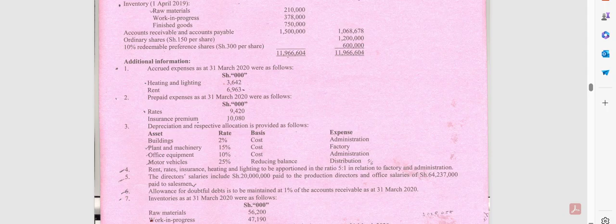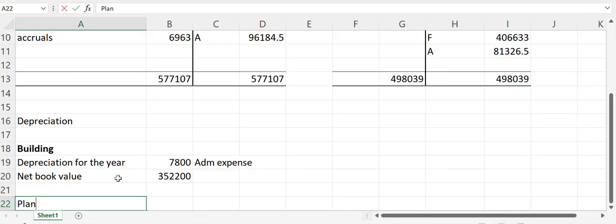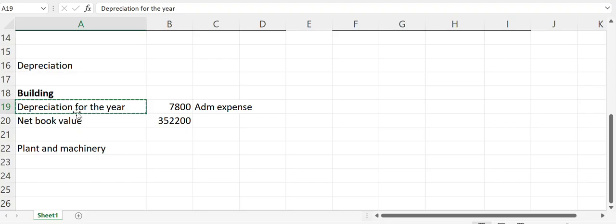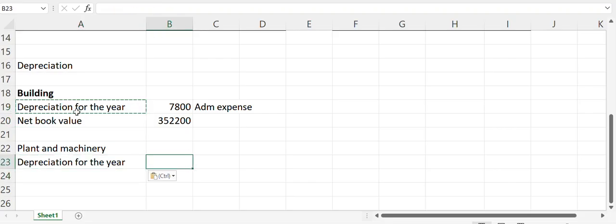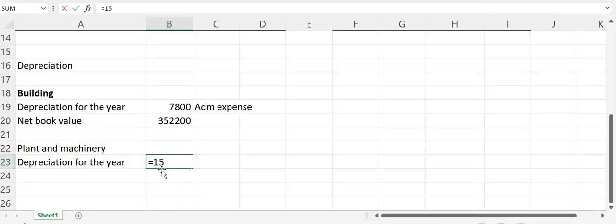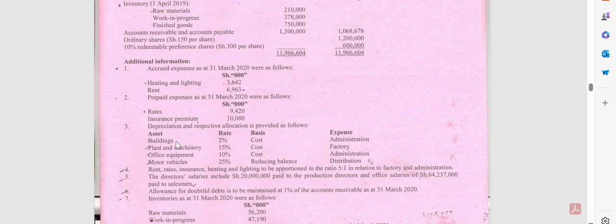So the next one is plant and machinery. So again, we compute depreciation for the year. So depreciation for the year for plant and machinery, 15%, and it should go to factory. 15%. So let us go to the trial balance to check the cost for plant and machinery.